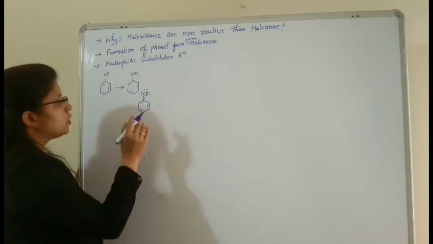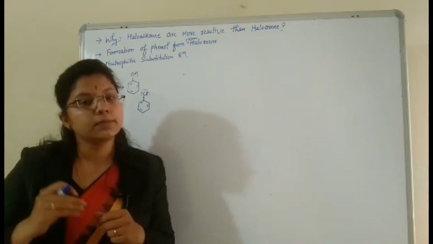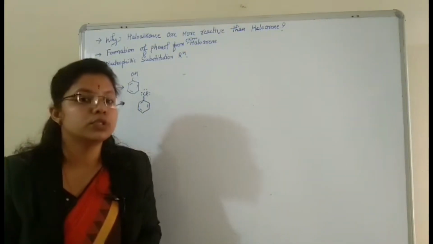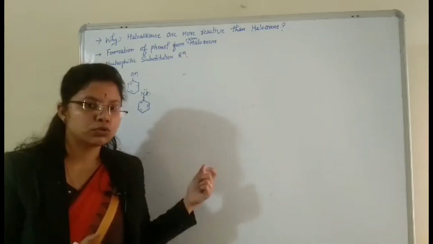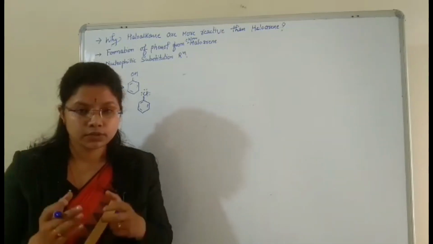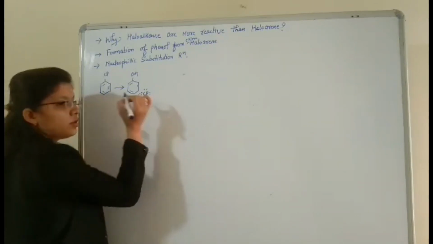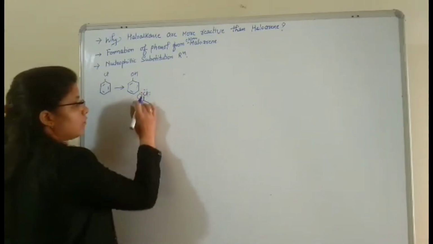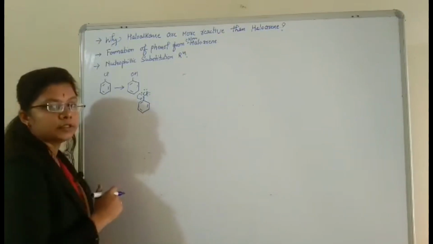Now, chlorine is an electronegative element, and also it has free electrons in its outermost shell. So lone pairs are present on the chlorine, and chlorine is also an electronegative element, right? So chlorine can donate the electron in the ring. So what will be the resonance formation, we will see here, right?